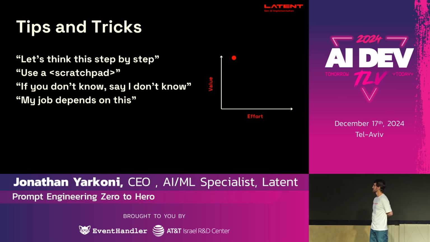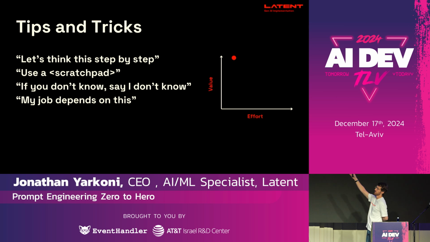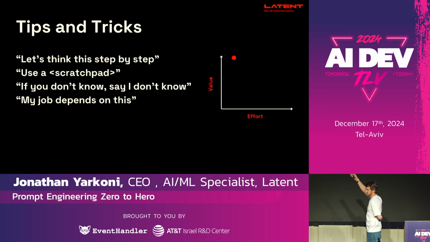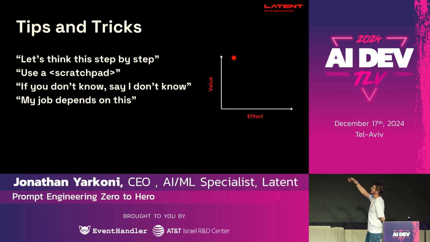There are a lot of tips and tricks, by the way, and this is not a comprehensive list. It's not like there are only 4 different tips and tricks. The thing about tips and tricks is that some of them are so cost efficient that it's crazy. So we'll see this in a moment. You can do chain of thought, we'll go over what it is, but you can also do a cheap chain of thought by saying, let's think this through step by step.